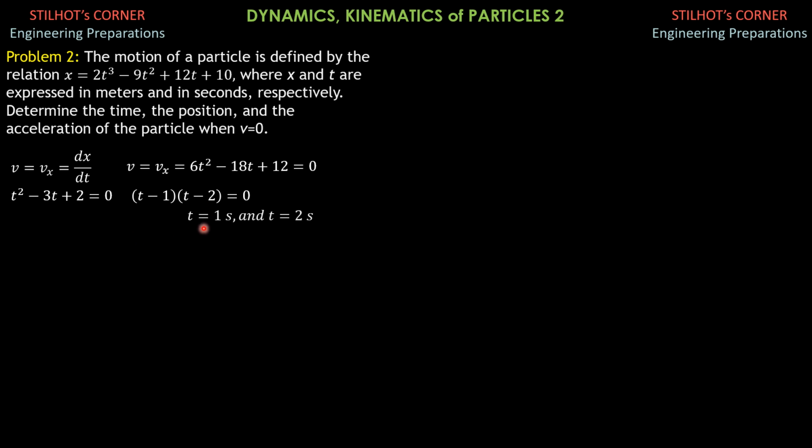Then when t is 1 second, we compute for the position, and that is we simply substitute t equals 1 into this equation here. So x1, for t equals 1 second, equals 2 times 1 cubed minus 9 times 1 squared plus 12 times 1 plus 10, and that is 2 minus 9, negative 7, plus 12, 5, plus 10, so it is 15 meters.